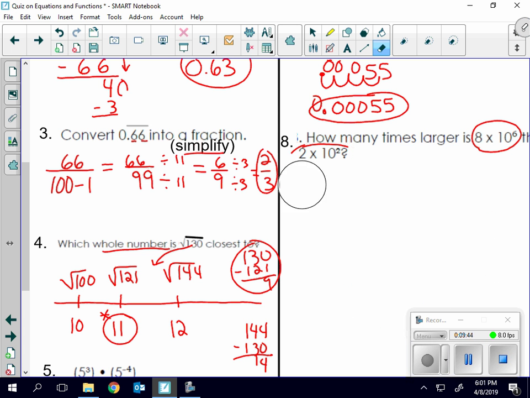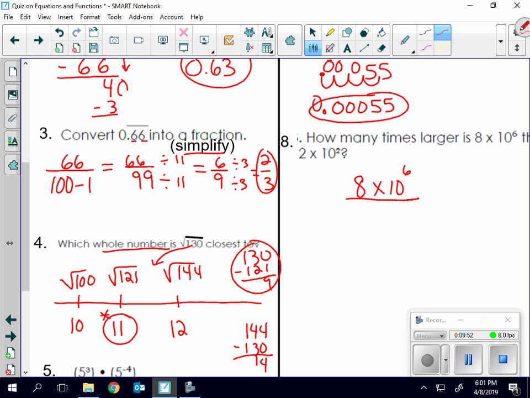And let's do this one. We're going to divide. Well, obviously we want the bigger one on top. Remember, a fraction means division. The smaller one's going to go on the bottom. Remember, we know this one is bigger because of the bigger exponent. So here we're going to divide this. I made this really easy for you. 8 divided by 2, that's 4.